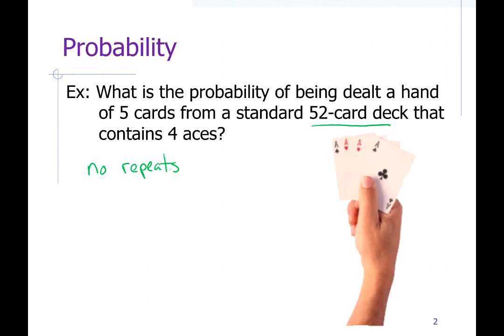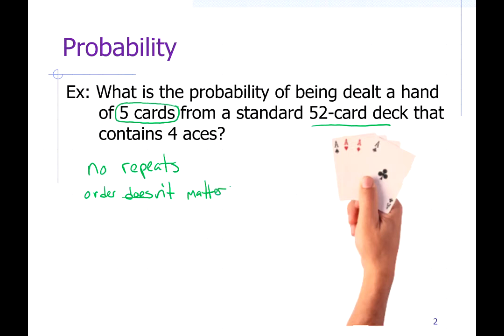And when we choose those 5 cards, once you have 5 cards in your hand, if you shuffle those 5 cards into a different order, it's still the same 5 cards. So order does not matter.